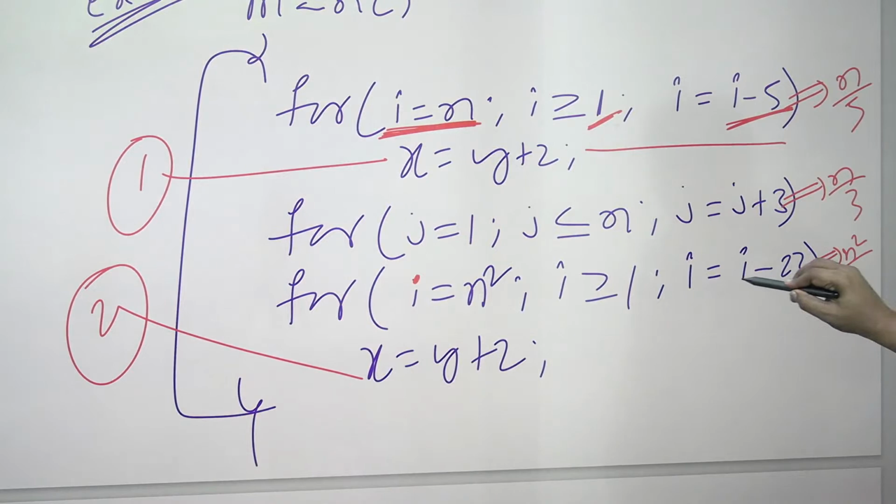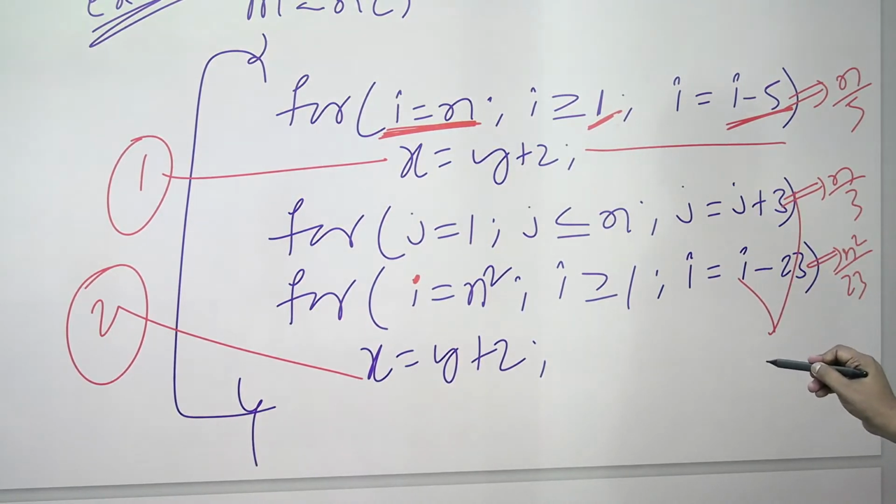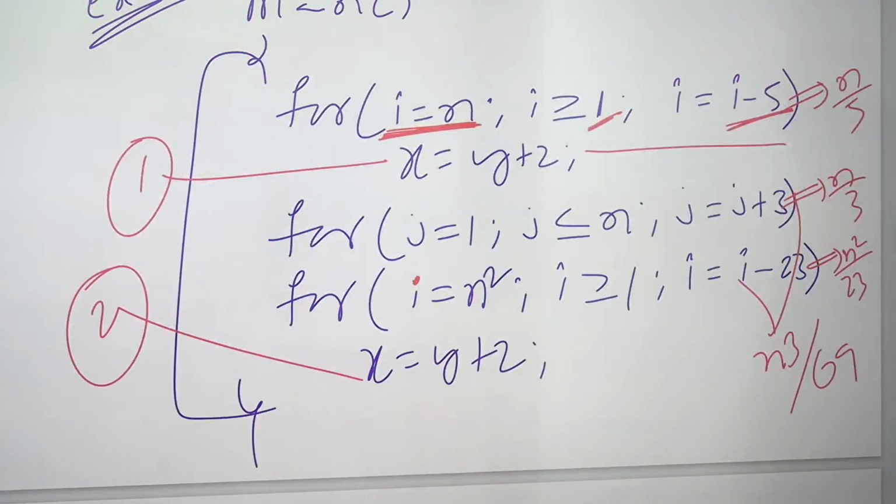Because these are inner loops, you have to multiply. So n by 3 times n square by 23 goes to n cube by 69. Inner loops multiply. The first statement is n by 5, the second statement is n cube by 69, because the second statement contains two loops, which are inner loops, so multiply. Remember, either you do plus 3 or minus 3, it is the same.